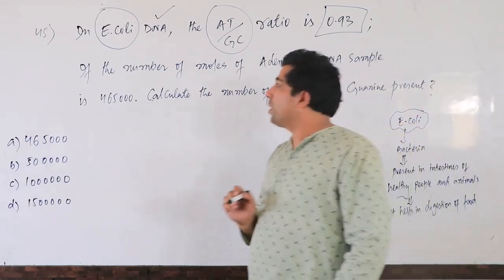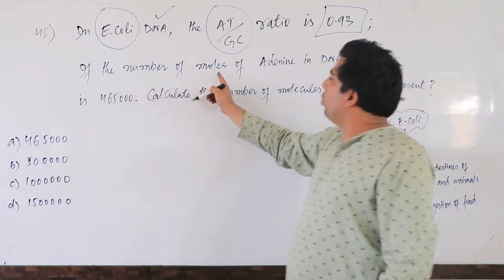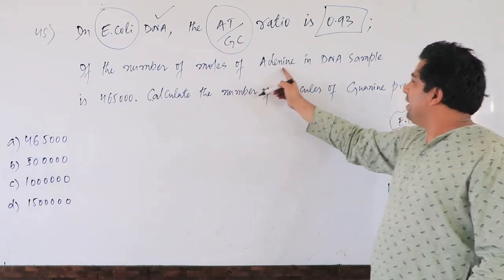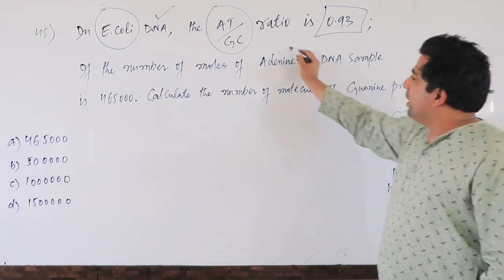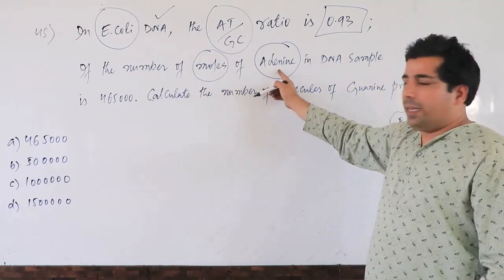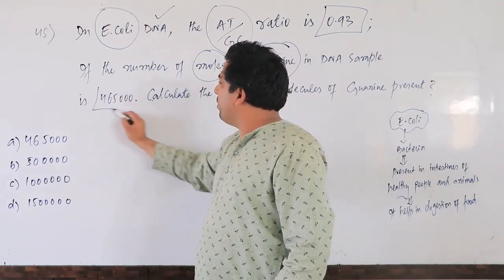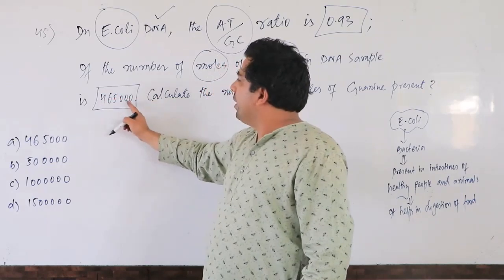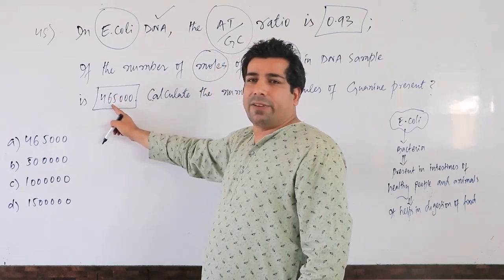So how much is the ratio of AT upon GC? 0.93, correct? If the number of moles of adenine in the DNA sample, they have given me the moles of adenine. How many moles of adenine? It will be 4,65,000.